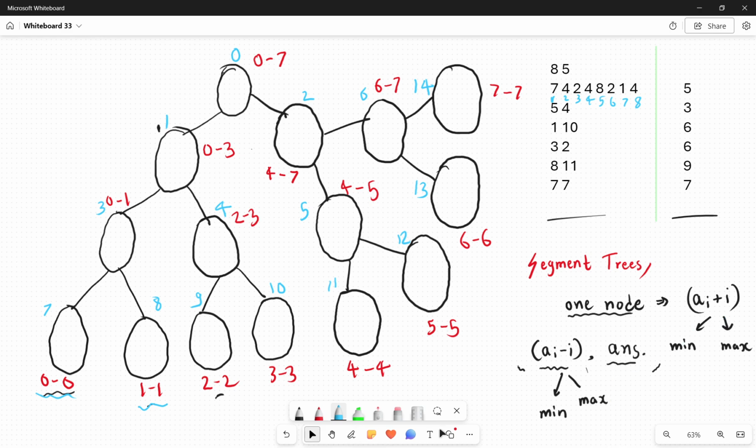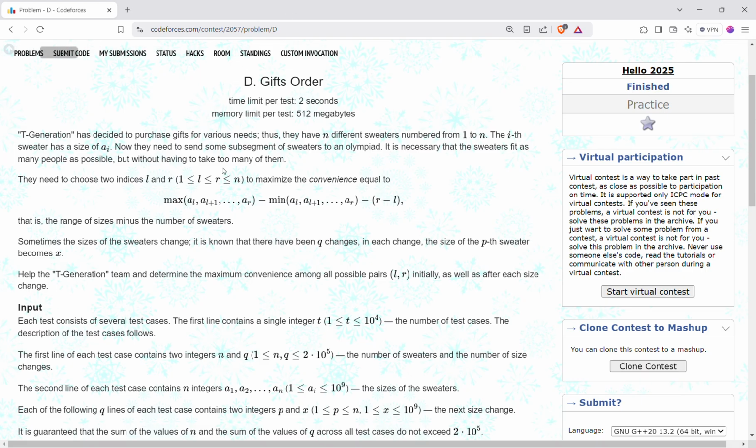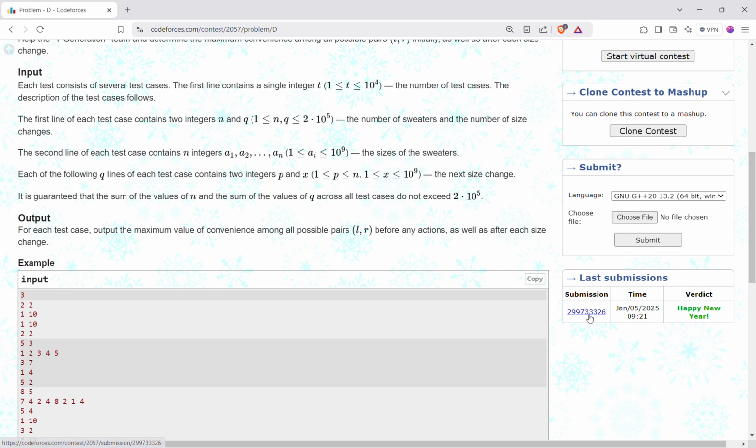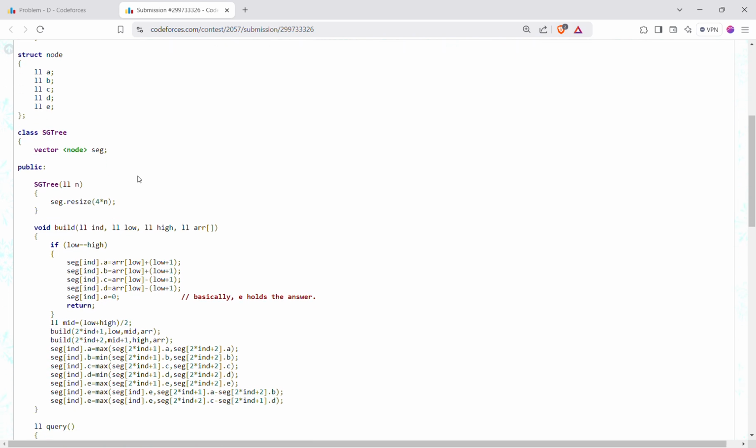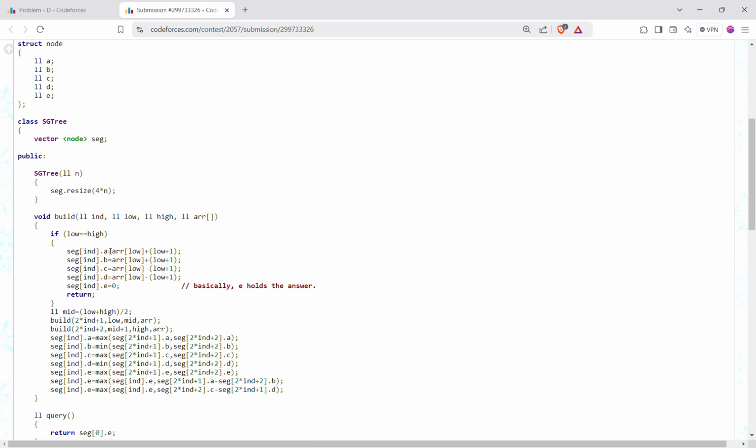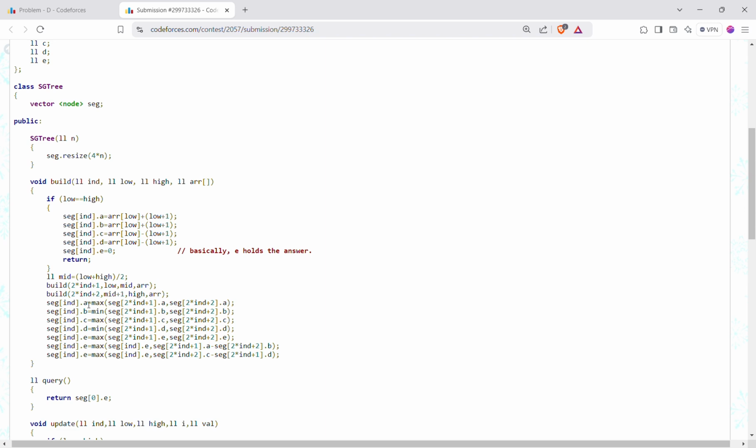So let me check how I've implemented that. I have implemented a struct for the node, and I'm going to give my explanation that way. So the maximum of segment of 2 star index plus 1 dot a.